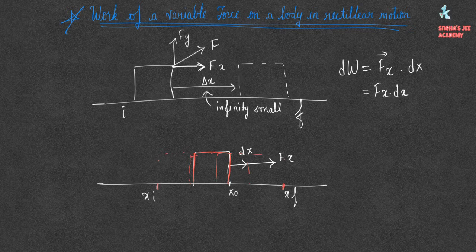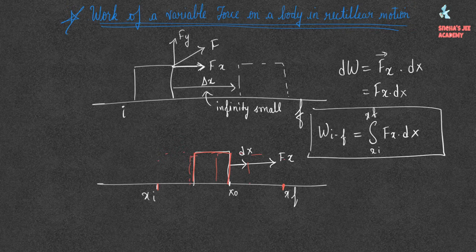So we have to sum up all these small distances, dx. That's why we integrate: the work done from initial to final position is the integral of Fx dx, with limits from the initial position to the final position. So we get a formula over here. We use this formula when the displacement caused by the force is infinitely small.